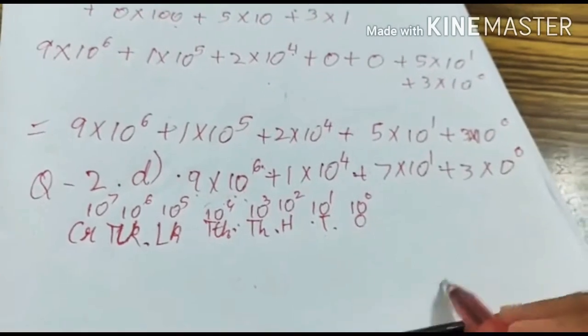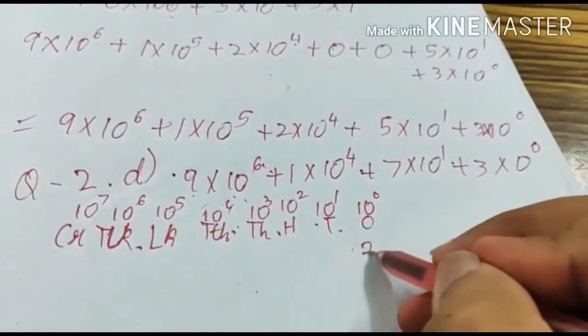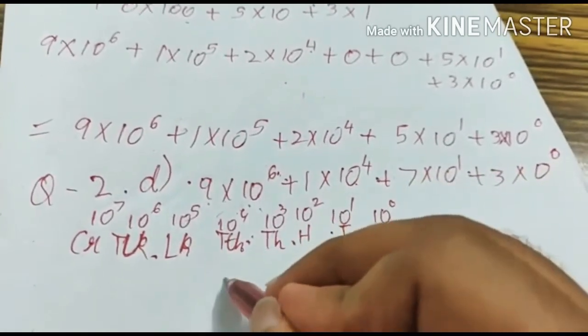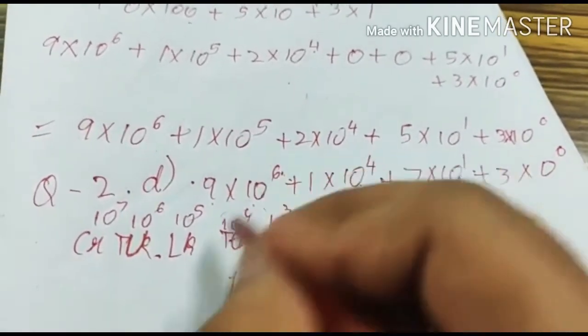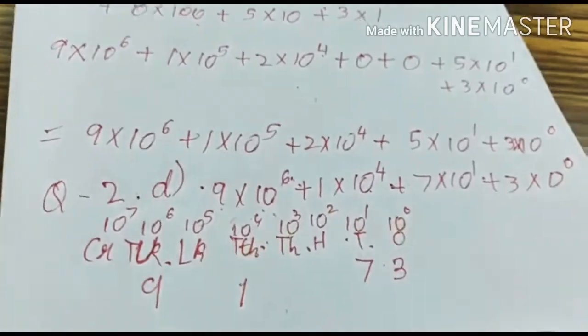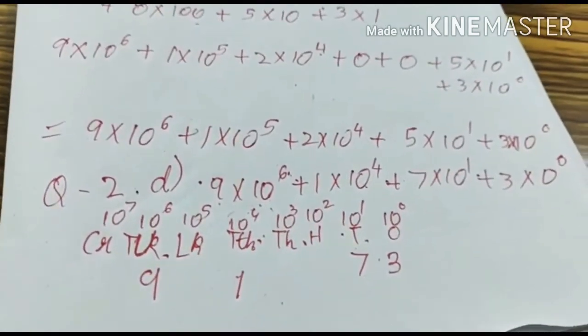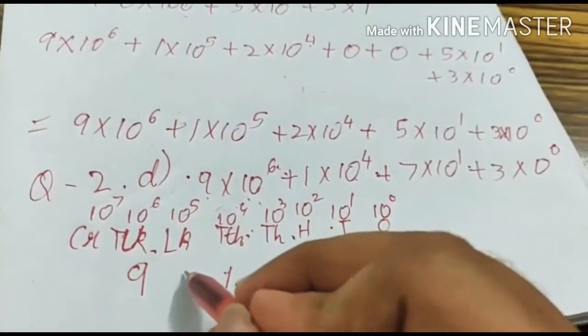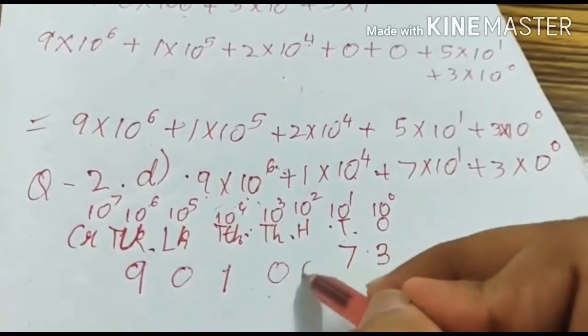So at 10 to the power 0 is 3, 10 to the power 1 is 7, 10 to the power 4 is 1, 10 to the power 6 is 9, and the empty places are filled up with zeros.